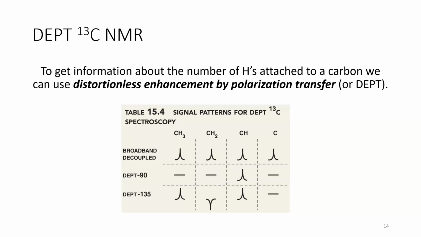And if you look at the DEPT 135, odd numbers of protons will be positive, even numbers of protons will be negative, and no protons disappears. And again, you're never going to see just the DEPT 90. You'll usually see this in conjunction with the standard decoupled.